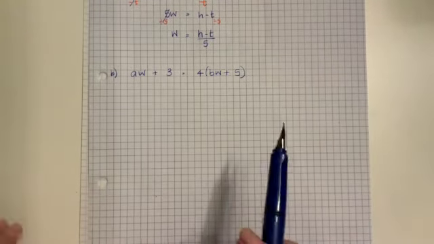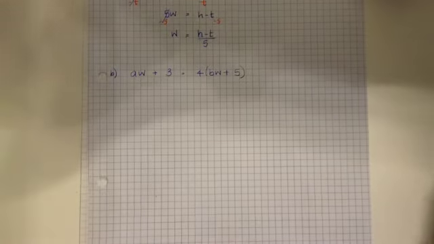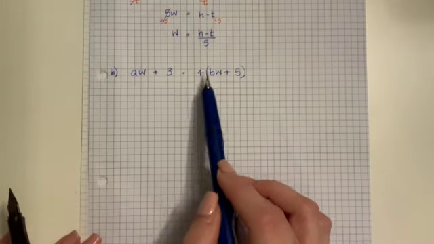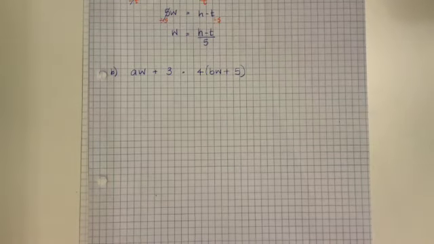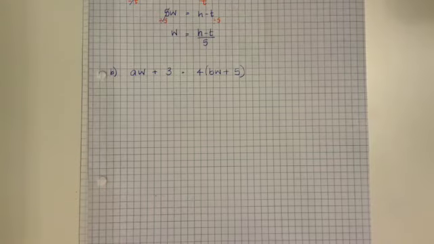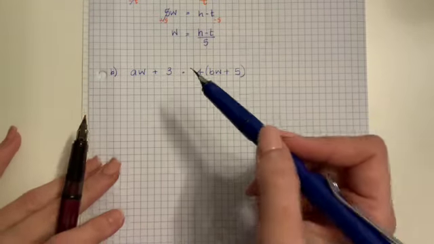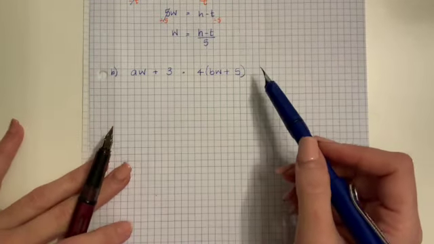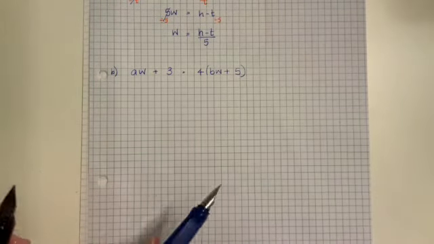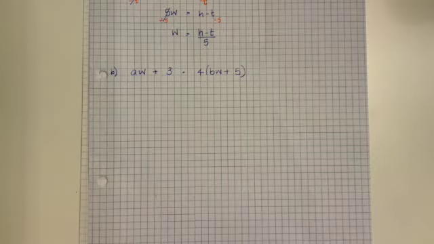I've got a more difficult one here, and this one's more difficult because it's got 2 W's in the question, so we have to do an extra step with this one. I start off, first of all, by noticing I've got a bracket. So the first thing, if there's ever a bracket, get rid of it.